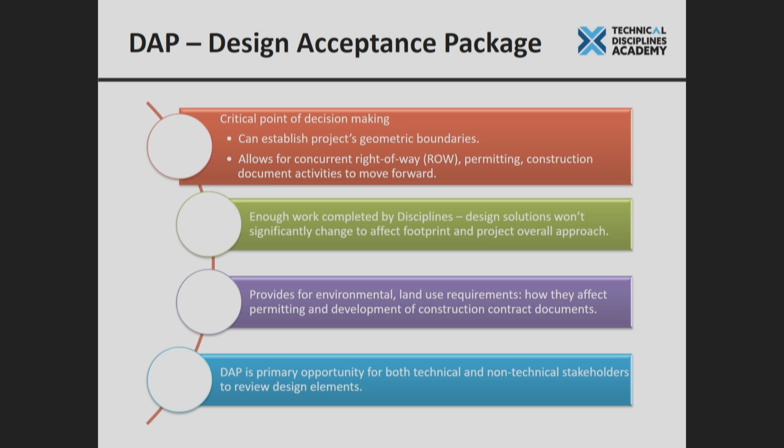That's your plans, specs, and estimates. Until you have a great idea of the footprint of the project, you don't want to start those other activities. Otherwise, if something changes, you get to redo work.